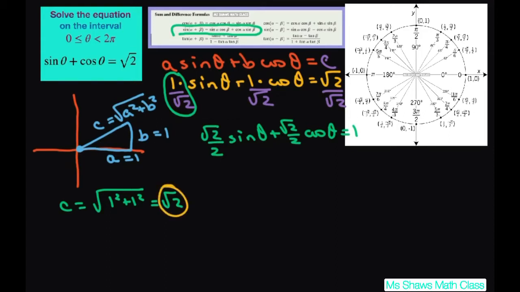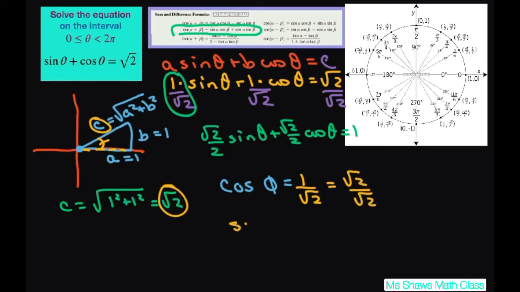All right, now that we have that, we have to make another angle. We only have theta, so we need another angle. I'm going to use cosine of phi. Now, if you look at this angle here, cosine is going to be adjacent over your C. So that's going to be 1 divided by square root of 2, which equals square root of 2 divided by 2.